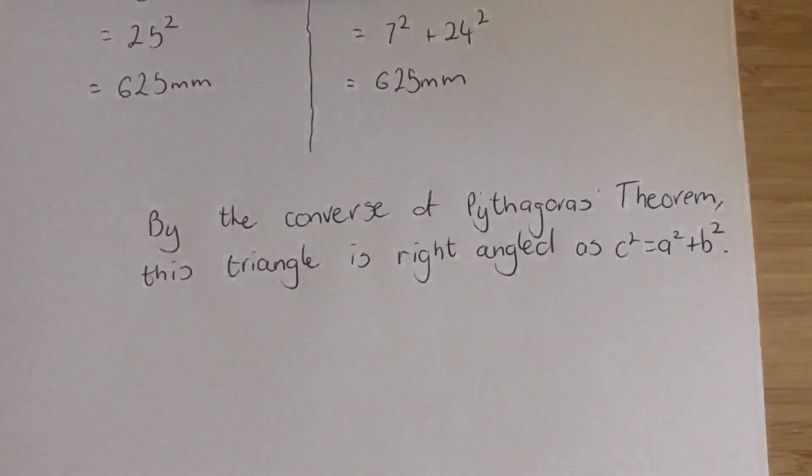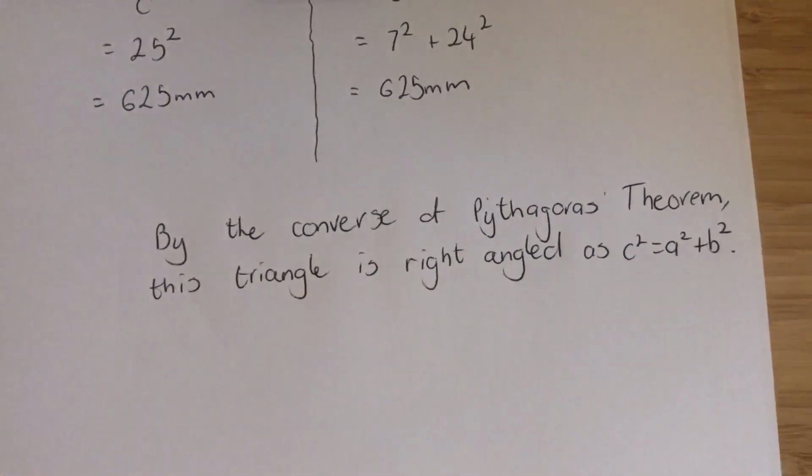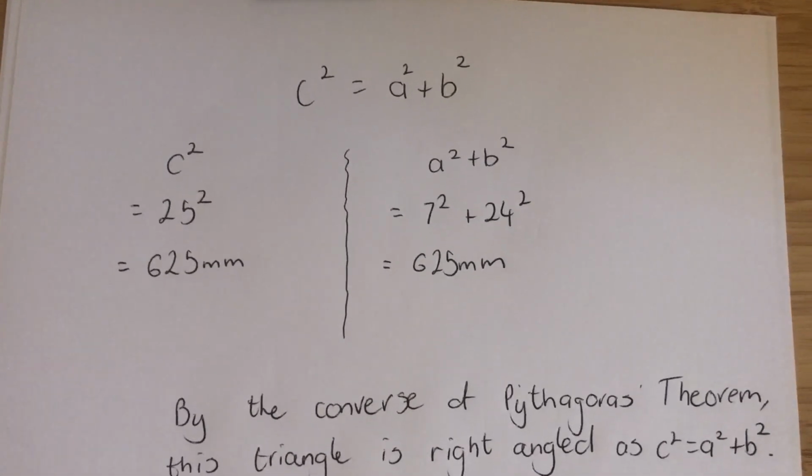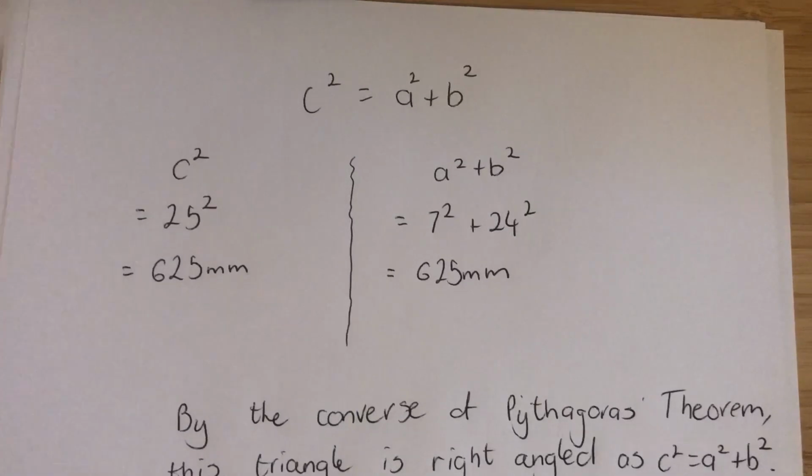And actually, you've proven that the triangle we just had was a right angled triangle. That's the basics of using the converse of Pythagoras theorem. We're now going to look at two past paper questions from two National 5 exams.